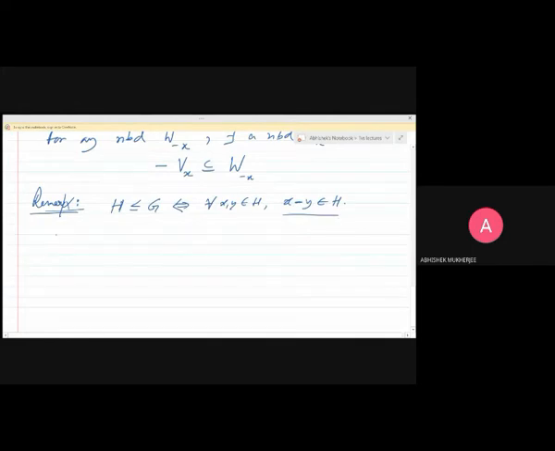That is, we can just write down a statement, axiom 3: the map which sends xy to x minus y, from G cross G to G, is a continuous map.